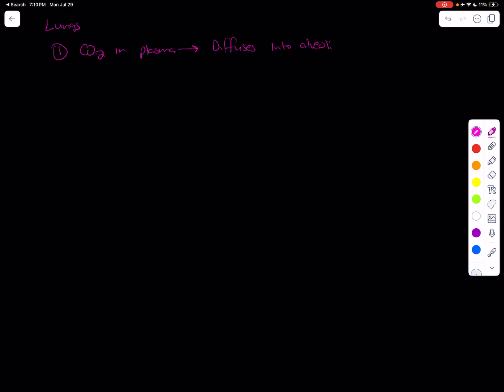So then you've got the HbCO2, that's that carbaminohemoglobin. Well, then that becomes CO2 plus hemoglobin. And so then the CO2 diffuses into the plasma. And guess what? It also then diffuses into the alveoli.